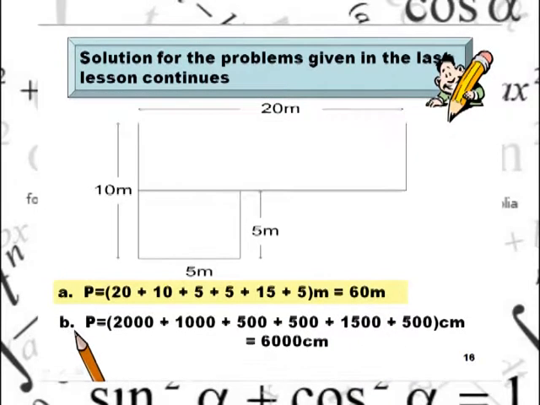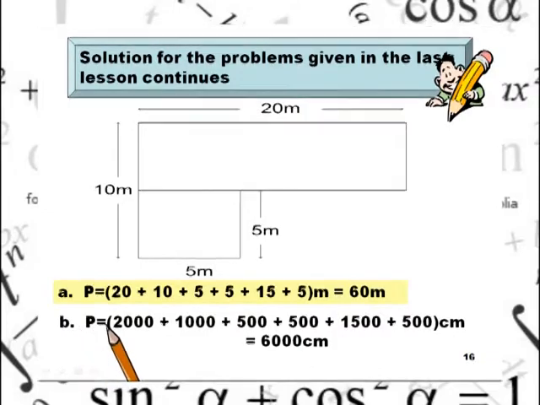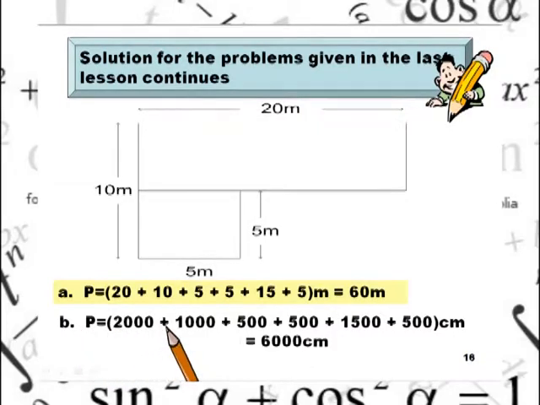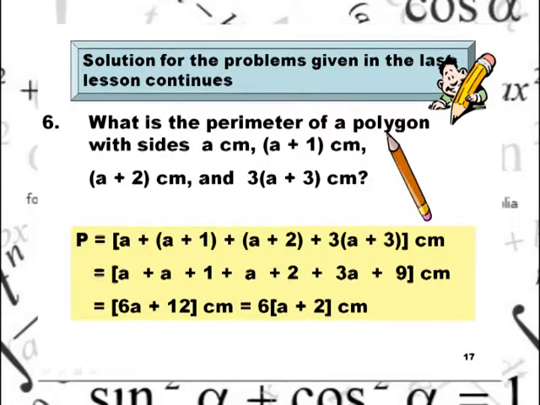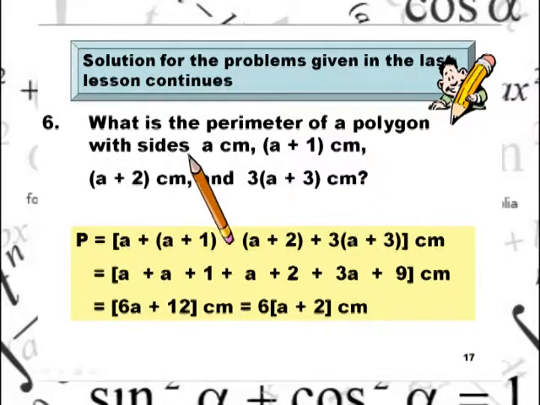B, perimeter P is equal to 2000 plus 1000 plus 500 plus 500 plus 1500 plus 500 centimeters, and that's equal to 6000 cm.